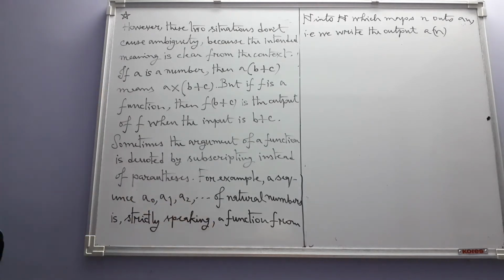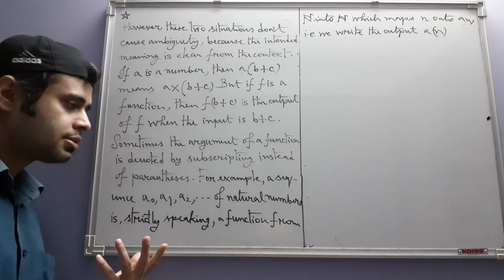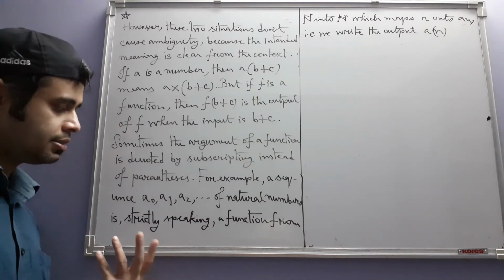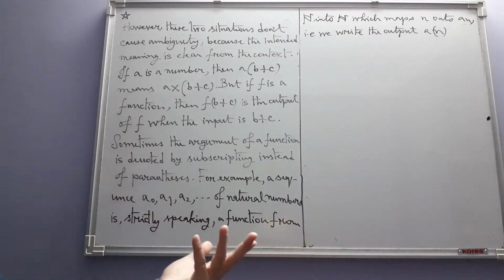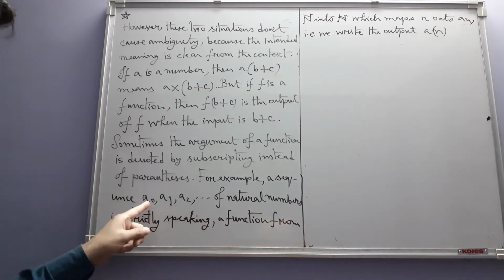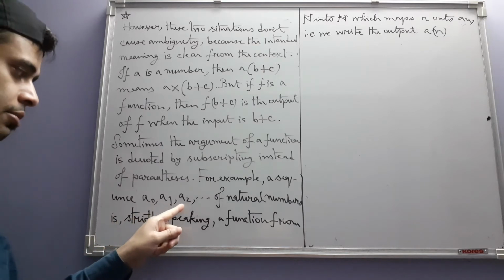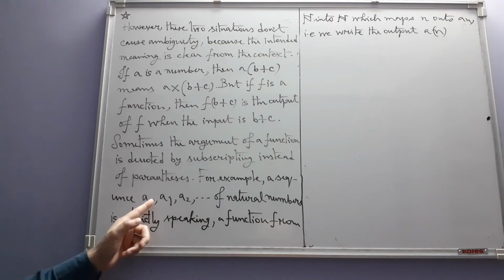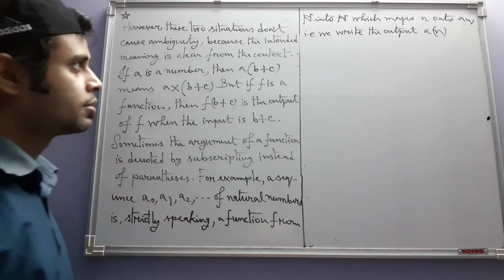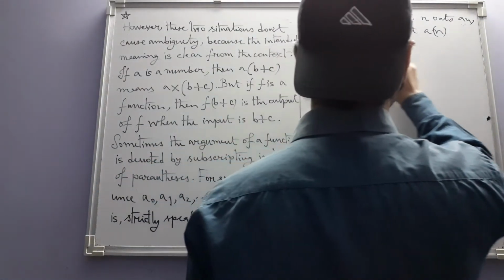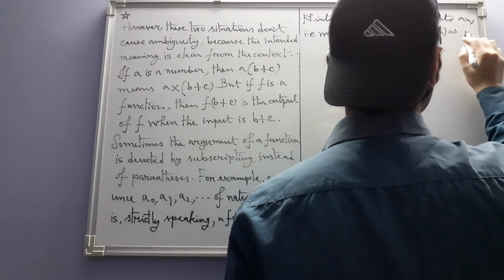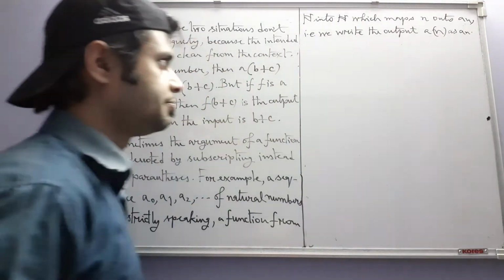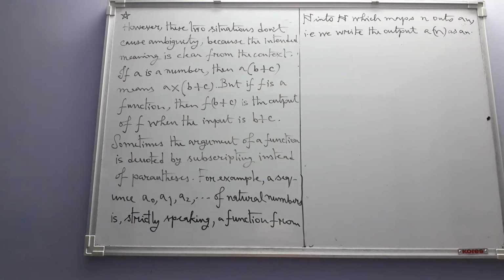That's how we write a sequence. That's because a sequence, when we ordinarily think of it, is an ordered list of objects. That's how we view it. So there is a 0th object, a first object, a second object, and so on. Or if you want, you can call this also the first object, second object, etc. So we write the output as an.